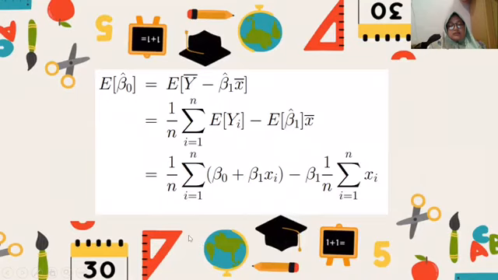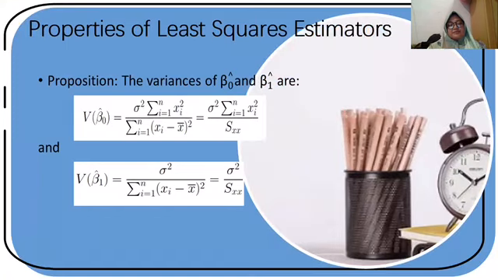Moving on to the second property, we are going to discuss the variances of beta hat 0 and beta hat 1. The property says that the variance of beta hat 0 is this, and the variance of beta hat 1 is this. Then we need to prove it. Why can we get that?